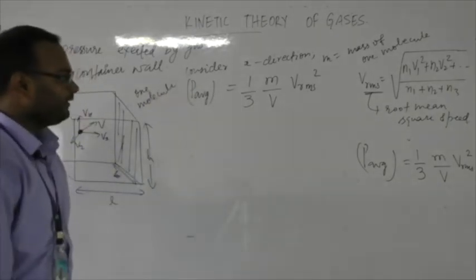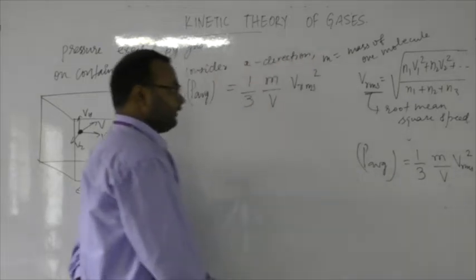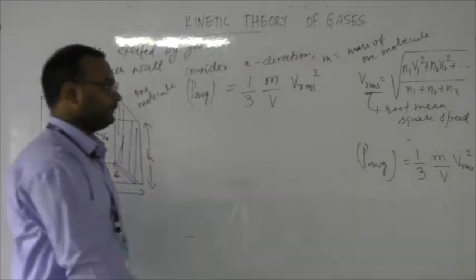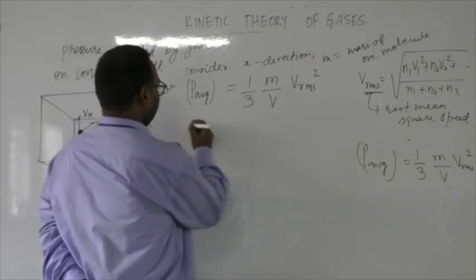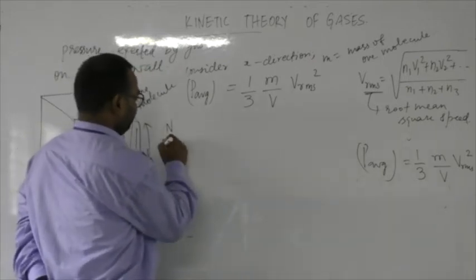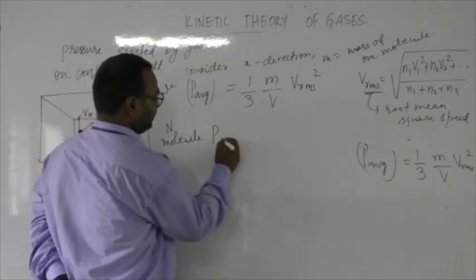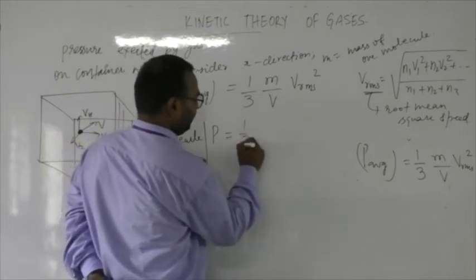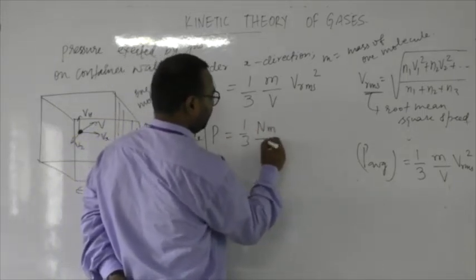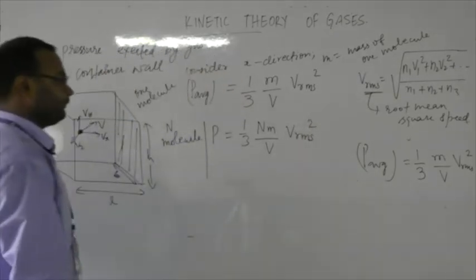So for one molecule, n1, n2, n3 all become 1, so v1 square plus v2 square plus v3 square by p. Now see here, for n number of molecules, you will write p equals 1 by 3 n into m upon V Vrms square.